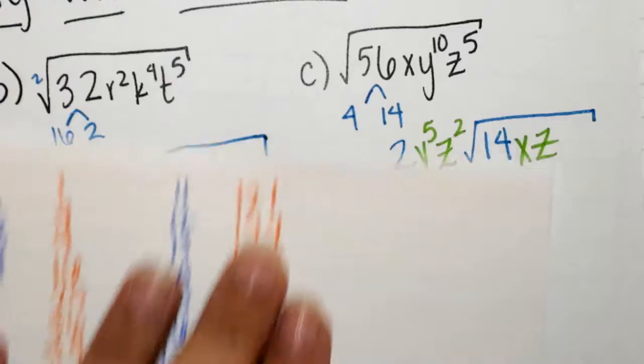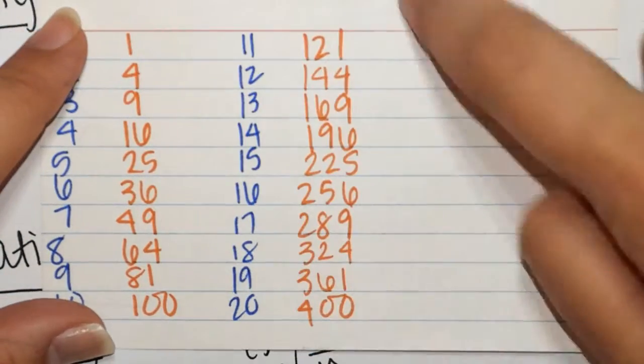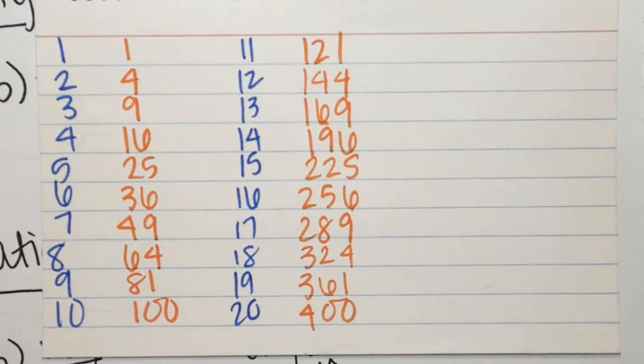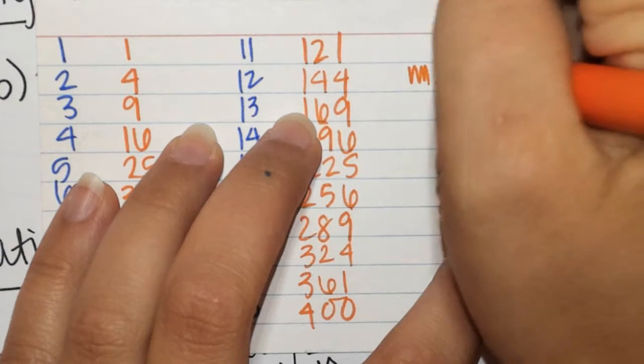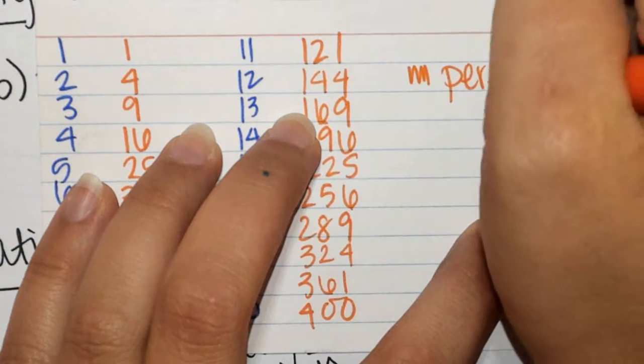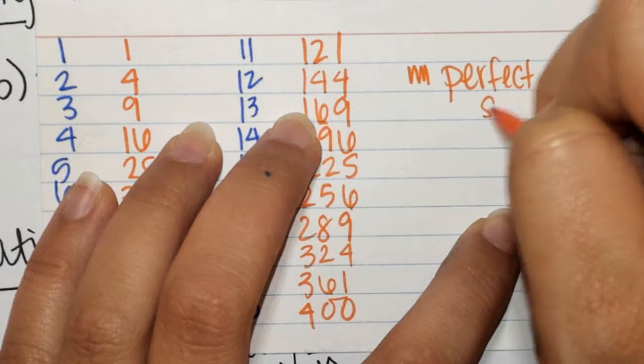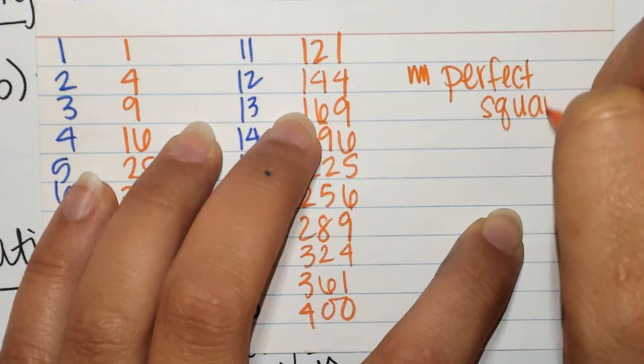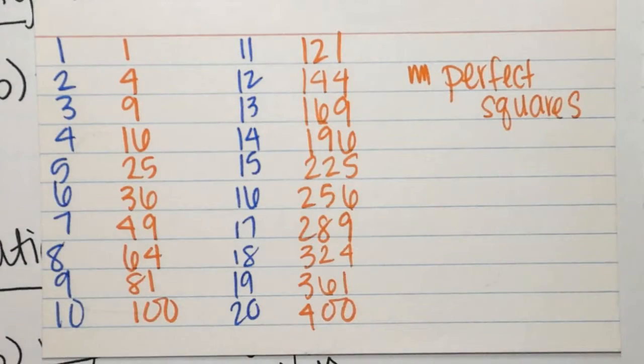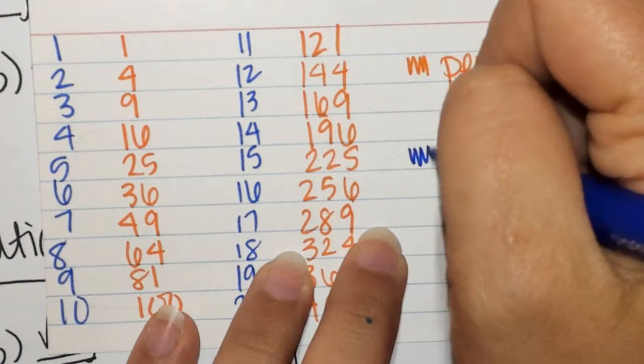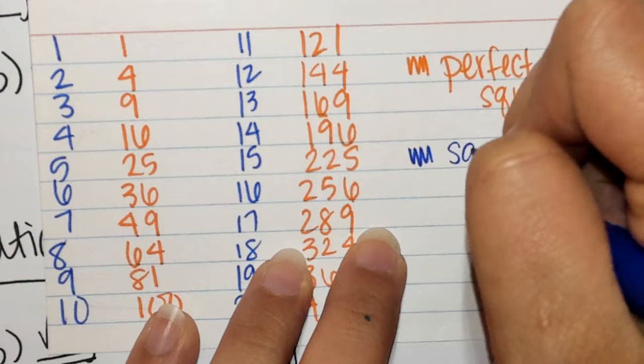Alright, so the perfect square is the orange. The orange are my perfect squares. And the blues, right here, the blues are the square roots or counting numbers.